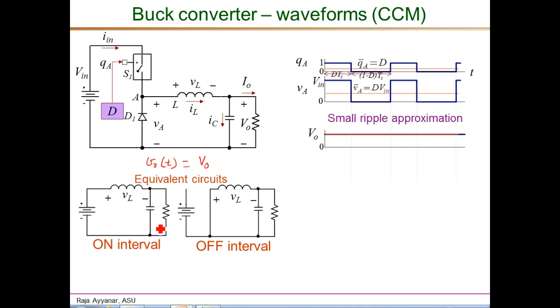Now we know that this has high frequency ripple, but all we are saying here is that that high frequency content is negligible in comparison to the DC component.